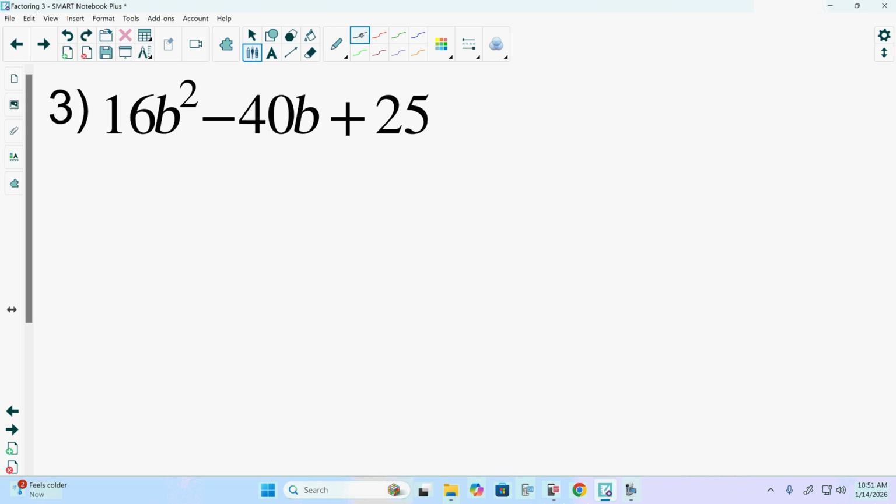If we look at the factors of 16 that could possibly work in all three, we have 1, 2, 4, 8, 16. 25 is not divisible by 16, 8, 4, 2, any of those. So there is no greatest common factor among all three terms.